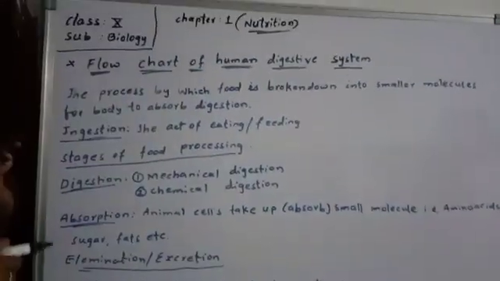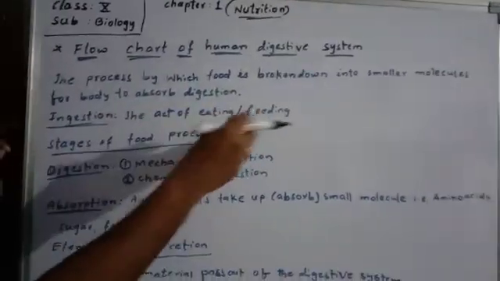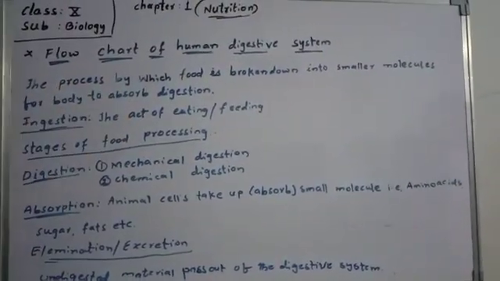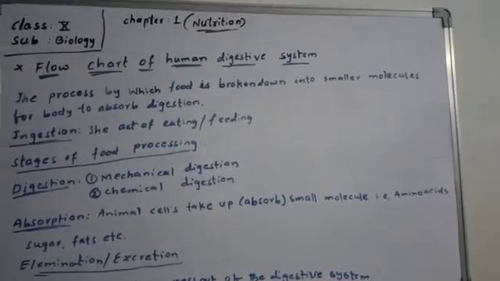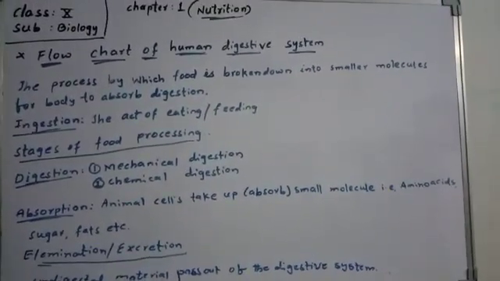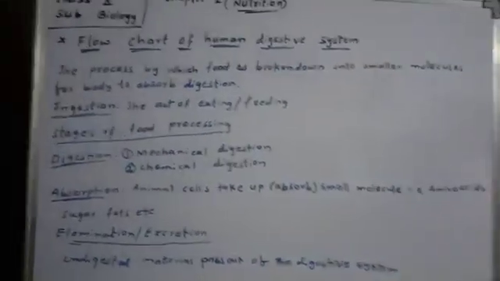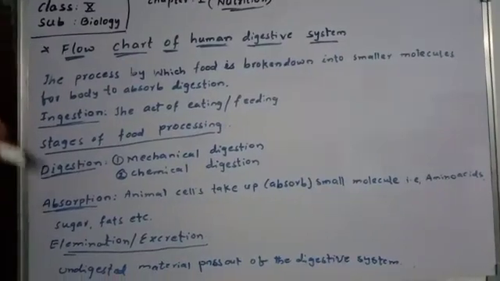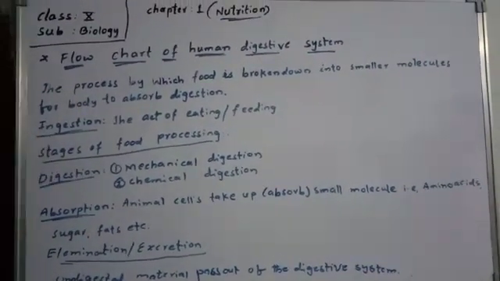When we take food into the mouth, what do we have to do? Break it down into smaller pieces or smaller molecules, and for why? For the body to absorb. Ingestion means the act of eating or feeding.